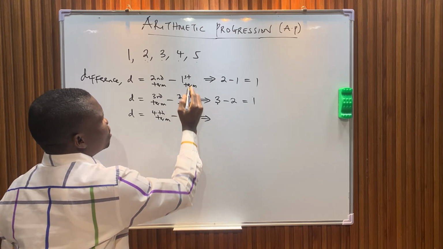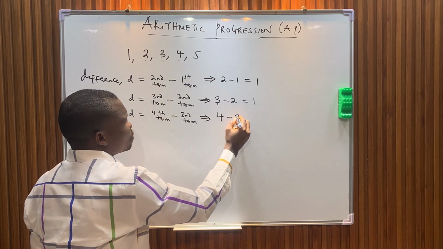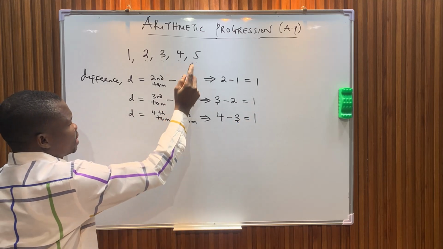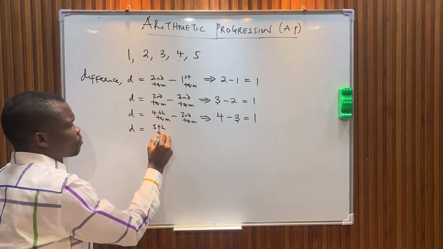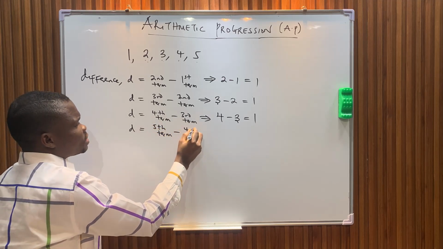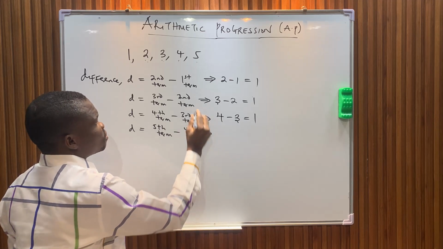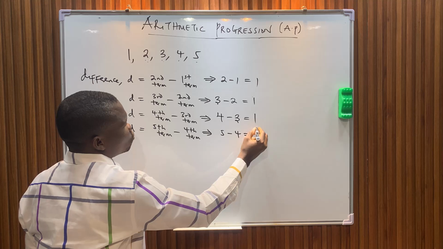The fourth term is 4 minus the third term, 3, and that gives us 1. Let's examine the difference again. The difference can also be the fifth term minus the fourth term. The fifth term here is 5 minus 4, and that gives us 1.